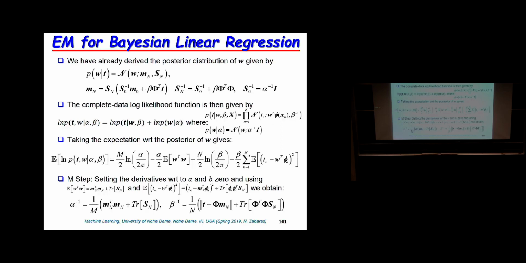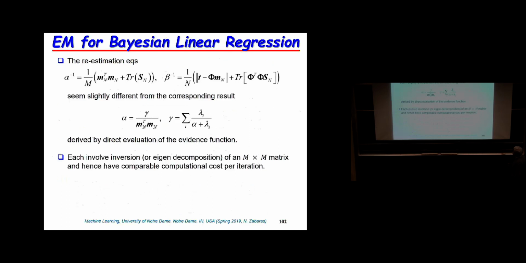So basically, again, in this equation, we have to take derivatives with respect to alpha and beta, and the results come out to be direct. This is alpha inverse, this is beta inverse, and I am going to put a thing on the next slide. These are the results with the EM algorithm. These are the results that we got with the evidence approximation. You remember what lambda was in the evidence approximation?